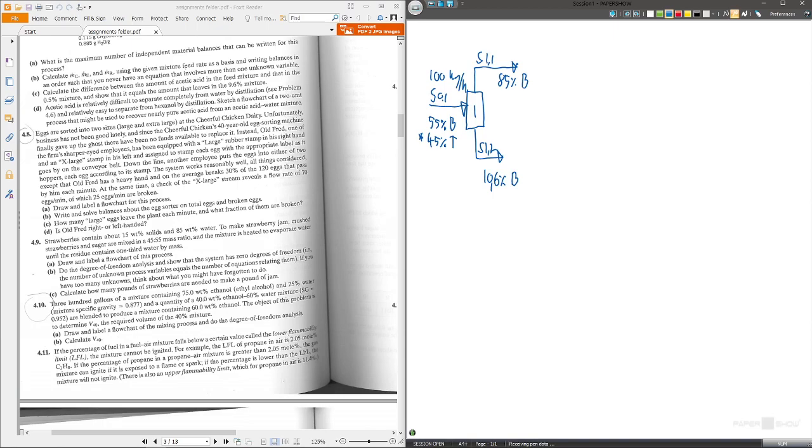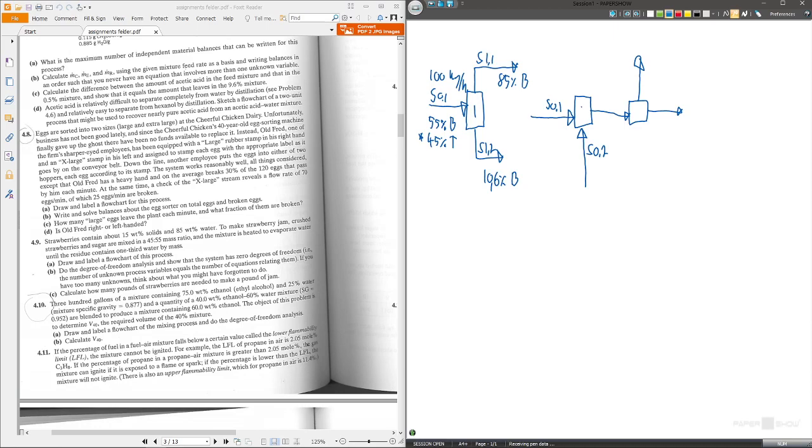So how I would normally do this is to say I have a box where I mix two streams. So I have two streams entering here, S01, S02. Then I pass it along to an evaporator where I will evaporate some water out, and then hopefully I'll have my jam.